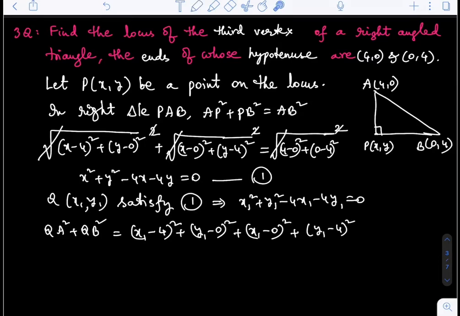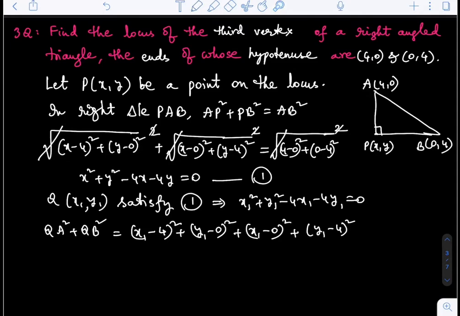How did I get this step? I will tell you. QA square, x1, where is A? Here it is. So x1 minus 4 whole square plus y1 minus 0 whole square plus QB, Q here it is B. So x1 minus 0 whole square plus y1 minus 4 whole square should come.